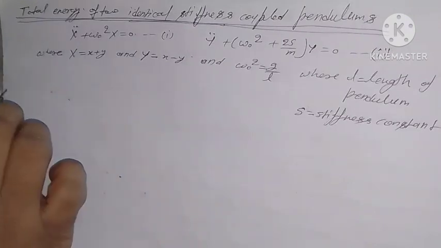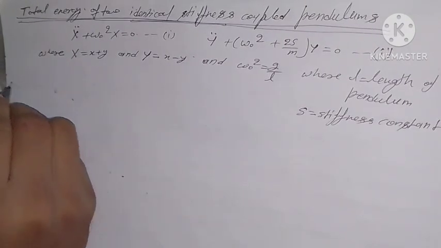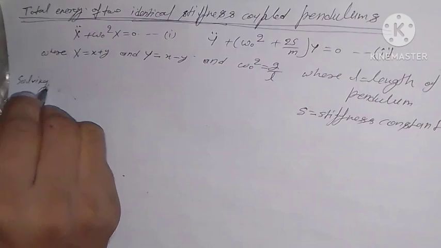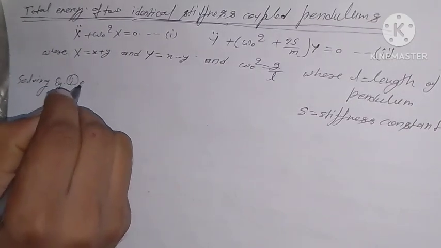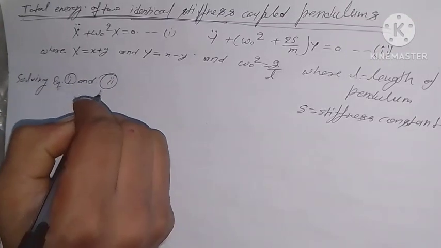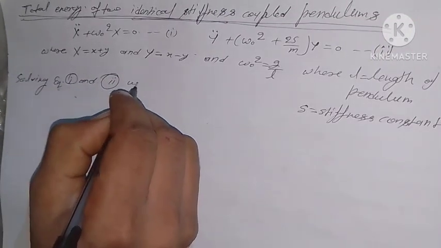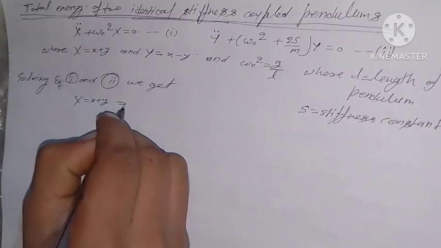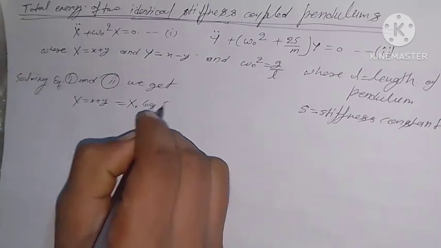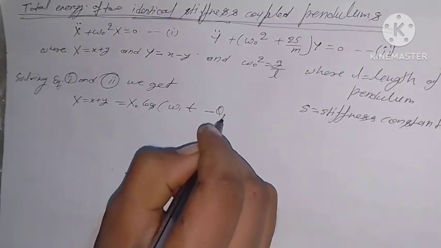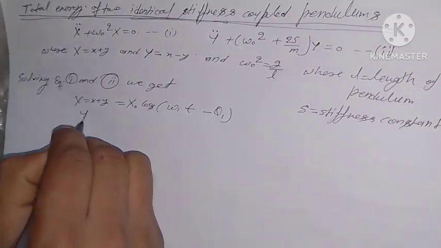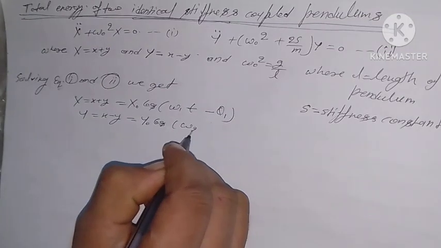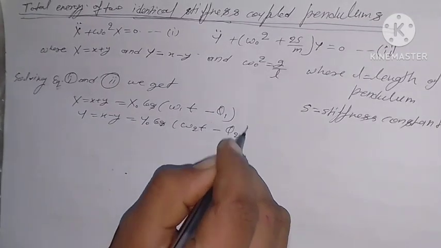Solving equation first and second, we get capital X equal to small x plus y equal to x naught cos(omega 1 t minus phi 1), and capital Y equal to x minus y, that is y naught cos(omega 2 t minus phi 2).